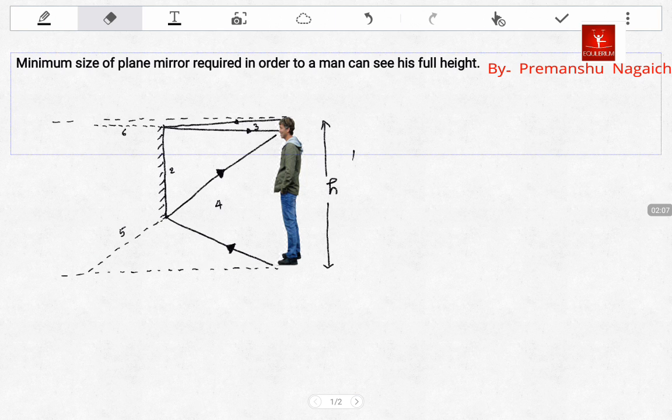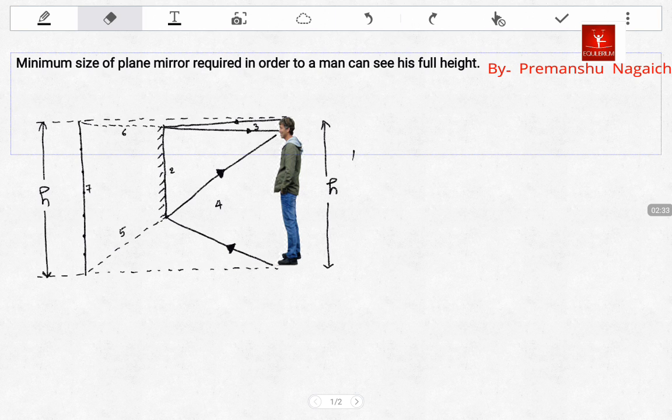So the image will be formed here. This is the image. We can see that this is the image of this man which the man sees in this mirror, and it will also be of the same height h. This is the property of our plane mirror. So this man can see himself at the same height in this mirror.